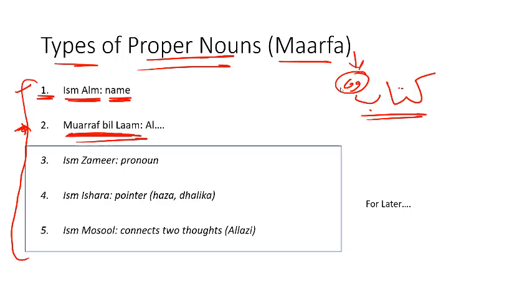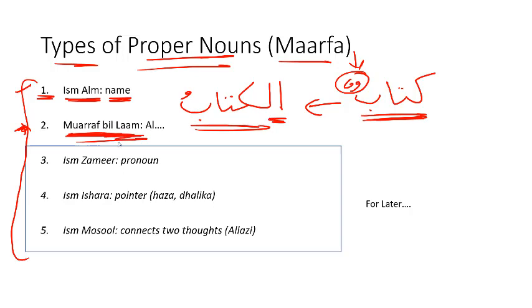Whenever you see a tanween, whether it is an or in, this means that we have a common noun or ism nakra. To convert this to a proper noun, we add al in the beginning and then we write the word. So al kitabu.